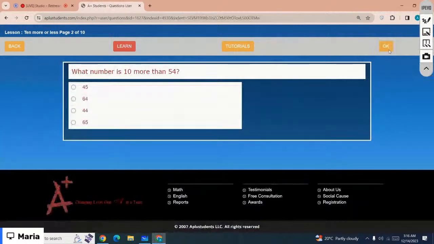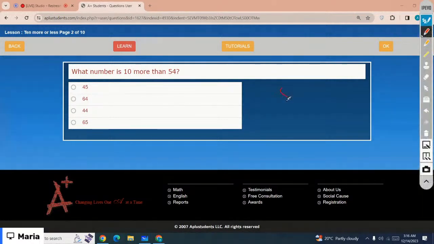What number is 10 more than 54? Which is the correct option? 10 more than 54, right? That means you need to add, or simply you can add 10 to the number. What number is given? You need to see 10 more. You simply add 10. 4 plus 0 is 4 and 5 plus 1 is 6. So when you need to make 10 more, that makes it 64.